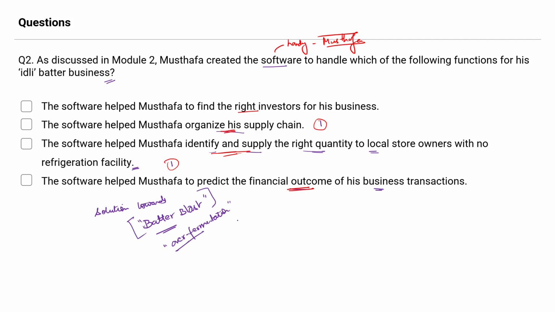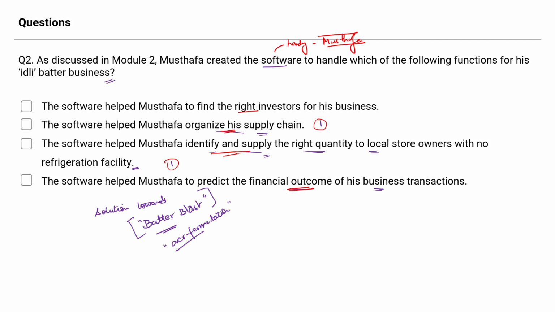So overstaying means that there is some issue with the supply chain, demand and supply. So for that, he created the software so that he can address this issue of supply chain. When the issue of supply chain was sorted out, this overstaying of their product was not happening because they were supplying only the amount required for the local consumption.